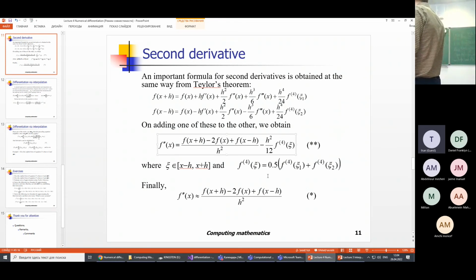But we can apply this approach only when we know the antiderivative. And this is a more complex problem than differentiation, because there are a lot of functions that don't have antiderivatives.